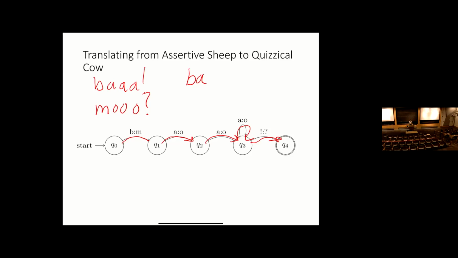So this is basically how finite state transducers work. This is the basic idea. They can, as I mentioned before, be non-deterministic.